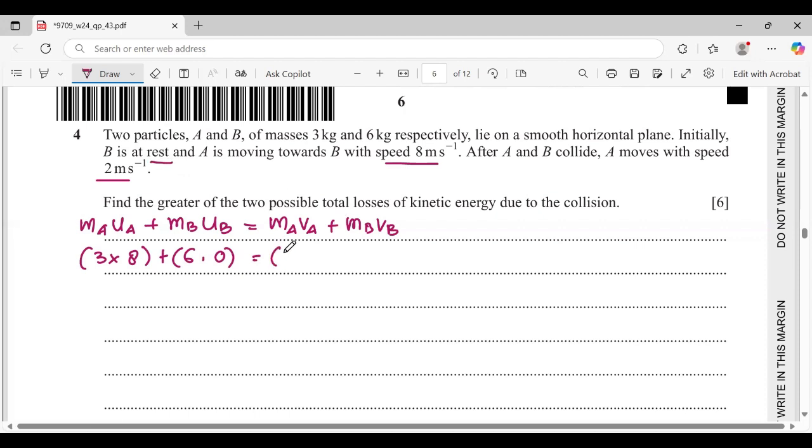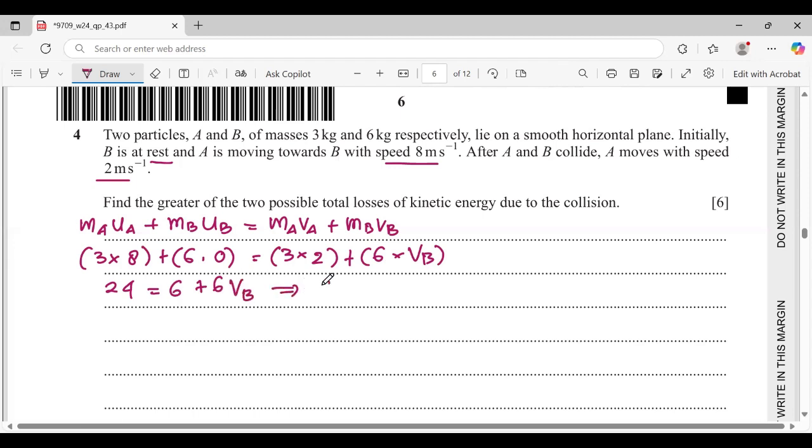MA is 3, and the velocity after collision is 2. MB is 6, and the velocity after collision we are going to find for B. So it is 24 equals 6 plus 6 VB.